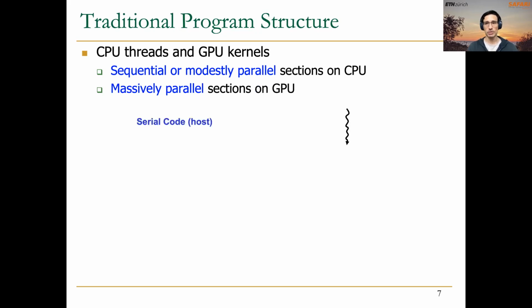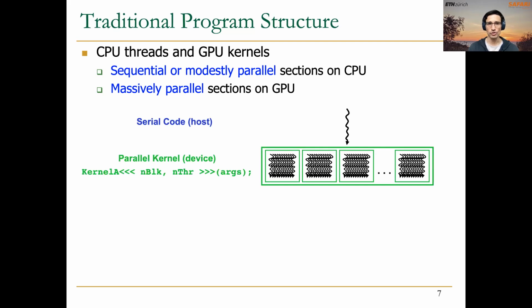This way, we will typically have one or only a few threads executing serial code, and at some point when we reach those sections of the code that are massively parallel, we will launch a GPU kernel to be executed on the GPU. Observe that this GPU kernel is going to use a certain number of threads. These threads are grouped into thread blocks.